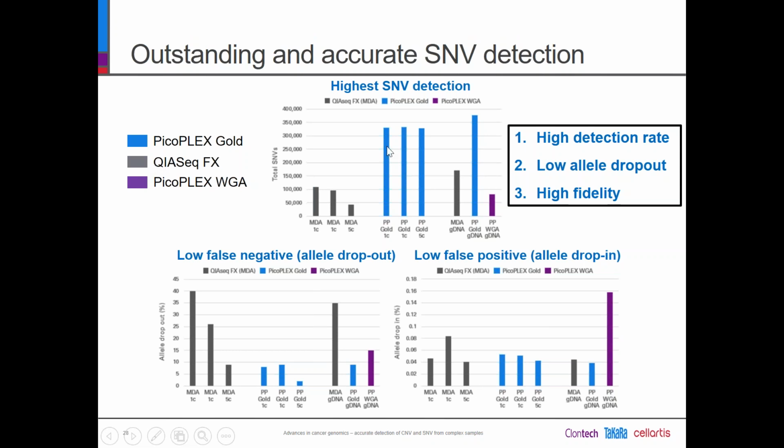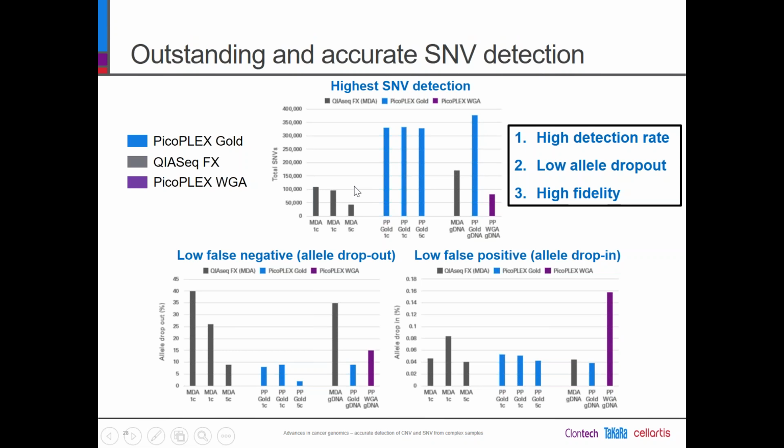And here, the first graph depicts how many SNVs Picoplex Gold is capable of detecting from single cells, so in blue here, compared to MDA in gray on the left.